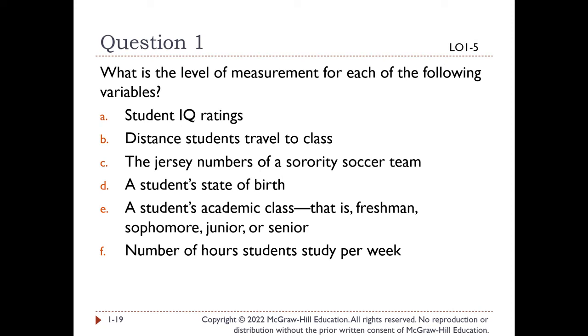All right, starting off, A, student IQ ratings. This is going to be interval. Again, we have kind of a ranking system similar to ordinal, but we have meaningful numbers to it, and 0 does not erase the characteristic that we're looking at.